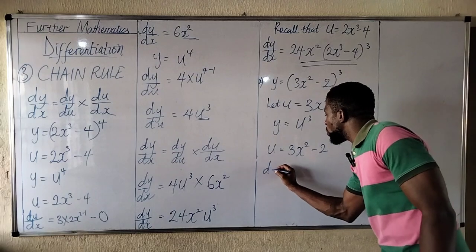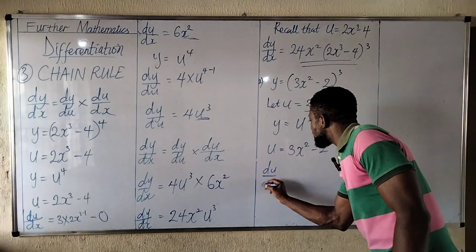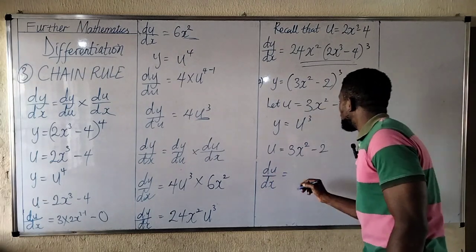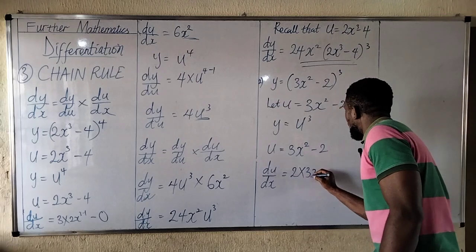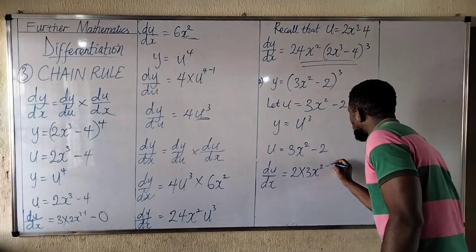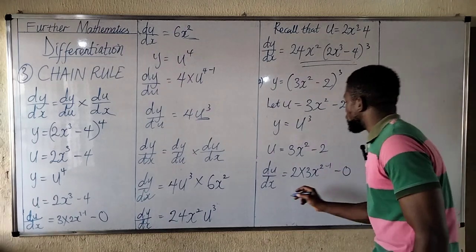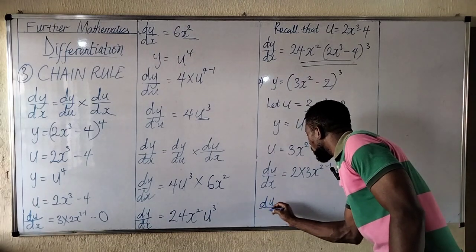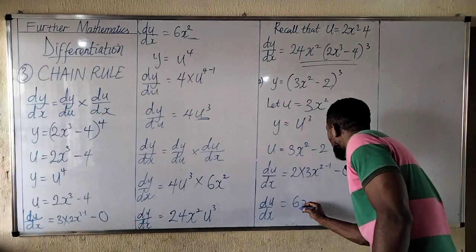Then our du with respect to x will give us 2 times 3x to the power 2 minus 1. If we differentiate the constant, we have minus 0. So our du over dx is now 6x only.